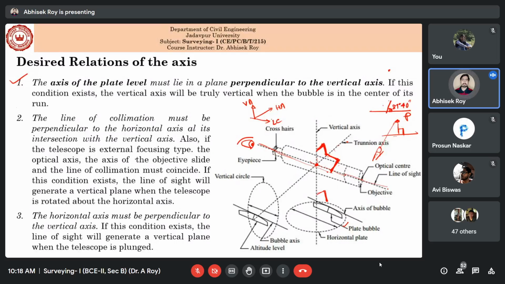Neither will it be a perpendicular straight line. It will follow the curved path of a hyperbola. Remember, this kind of error will be there.